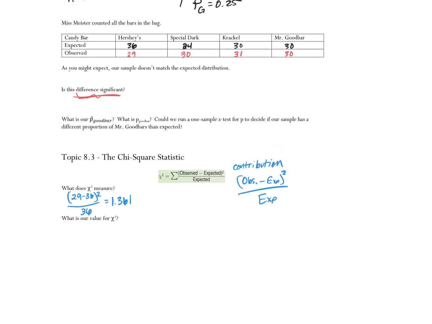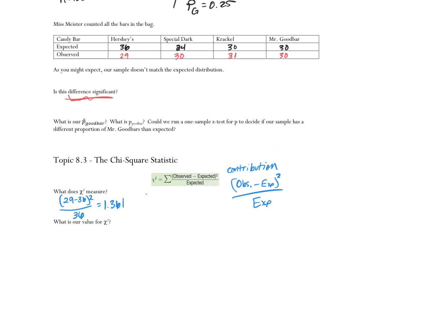So then the next thing I'm going to do is 30 minus 24 squared over 24. And that would be, I think, 1.5. That would be 36 over 24, yeah?